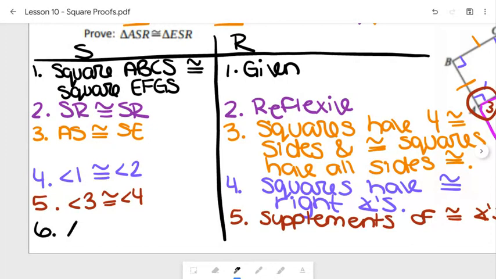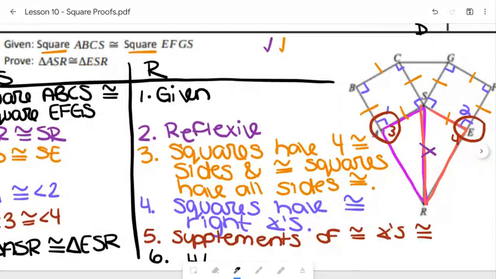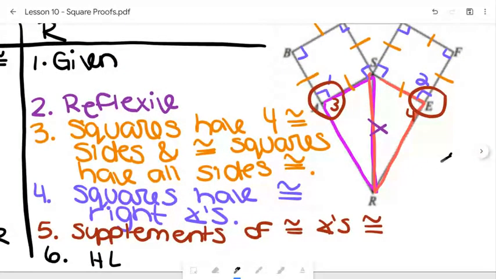So when I say that the triangle ASR is congruent to the triangle ESR, if we look at our method closely, I'm going to say HL, because if I look at this, 1, we made that right angle in here, so 3 has to be a right angle because it's a supplement to a 90 degree.